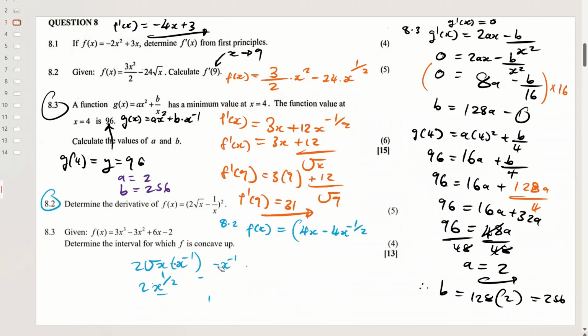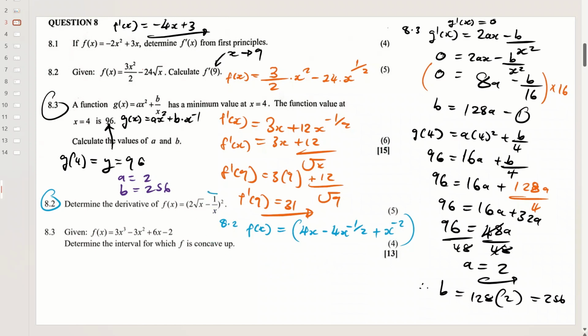Then the remaining part, this part here, will give you a positive, because negative times negative gives a positive x. The same base, you add the exponents, you'll have negative 2 there.